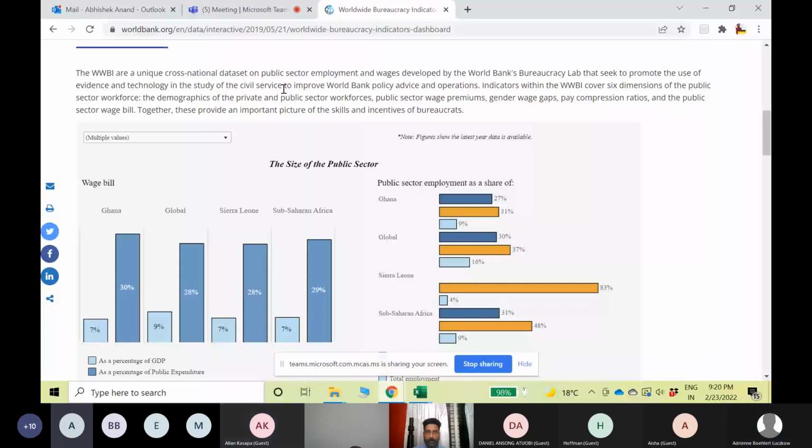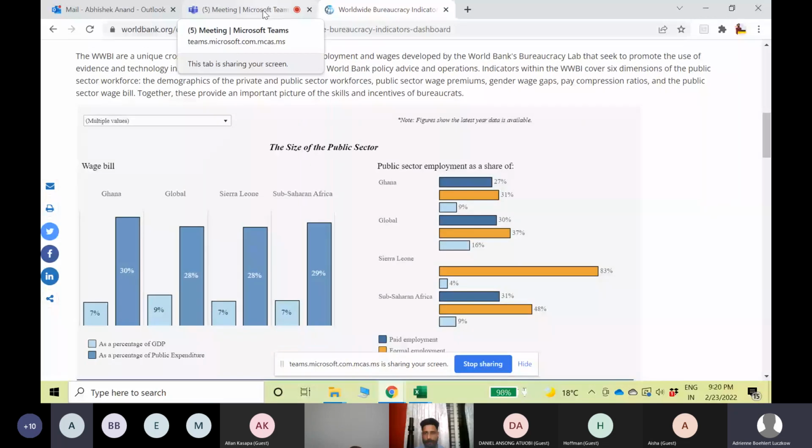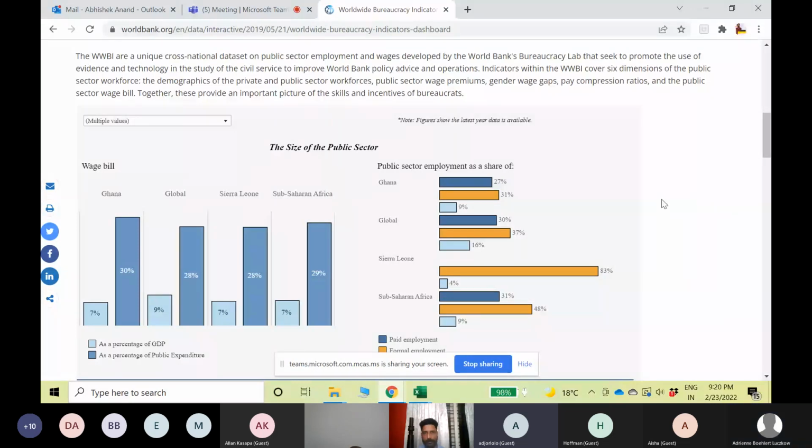Let me see. I can't see the issue on my side. Maybe you can put it in the chat, or rejoin. Yeah, if you put it in the chat, then when you're done, I can stop and read it out so that everyone can see.